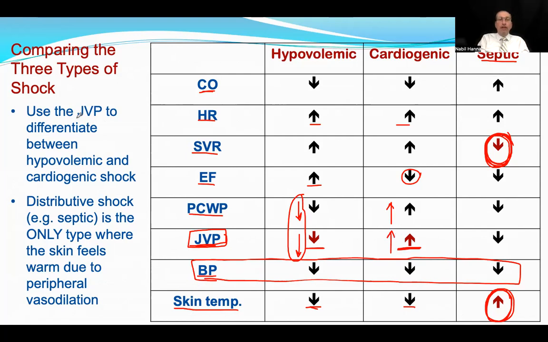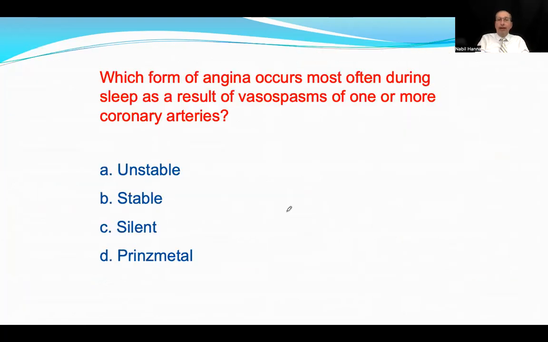So use the jugular venous pressure to differentiate between hypovolemic shock and cardiogenic shock. The distributive shock, like for example septic shock, is the only type where the skin feels warm due to peripheral vasodilation. And this finishes the discussion of ischemic heart disease and shock. And this is the last segment on the cardiovascular disorders.